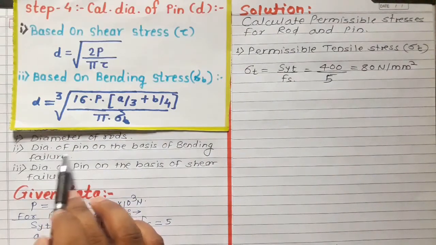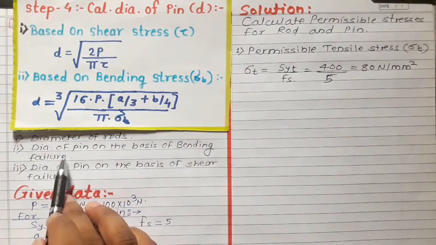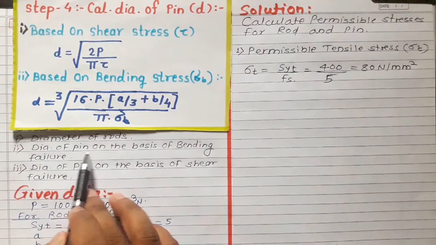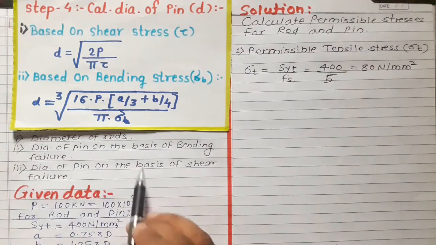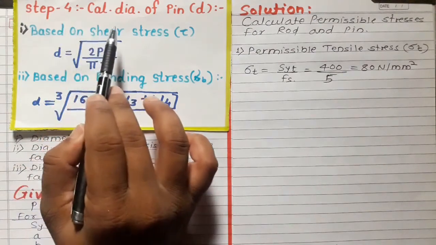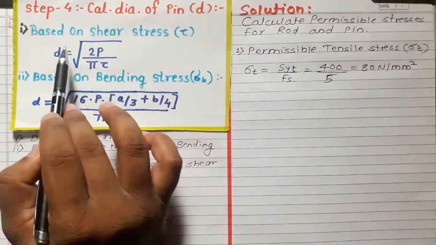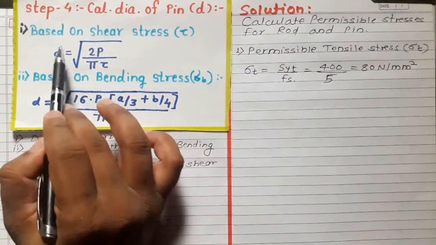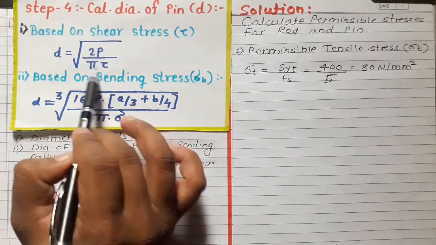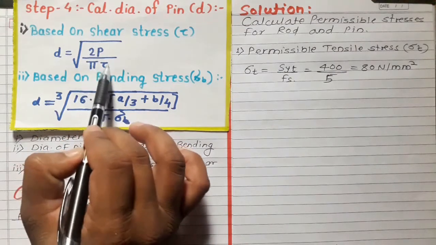Now the second and third parameter that we have to determine is the diameter of pin. So first, diameter of pin based on bending stress, and second, diameter of pin based on shear stress. So if you look at this step number 4, where we have to calculate the diameter of pin, the first point is based on shear stress. In order to find out the diameter of pin small d on the basis of shear stress, we have to find out the permissible shear stress for pin.